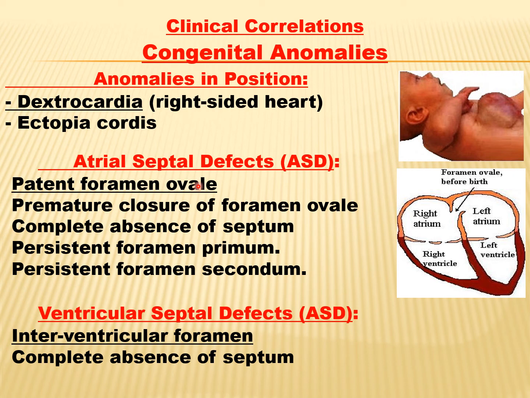As we said, the foramen ovale is patent during intrauterine fetal life, but just after birth, it should be closed immediately, with the first breathing of the baby after birth. It is the commonest anomaly of ASD, atrial septal defect.